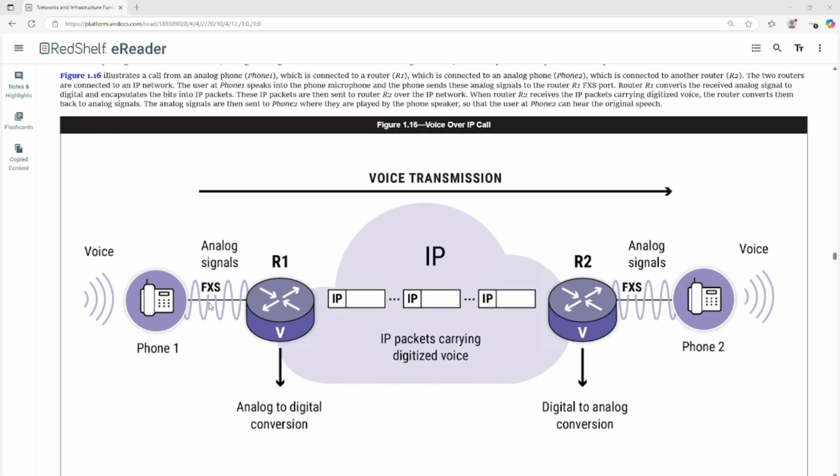At the time when you make a phone call, it's analog, and once it hits a router, it gets converted from analog to digital just to facilitate that transmission, because that's the only way those transmission protocols, like UDP in this case, can understand that data package.